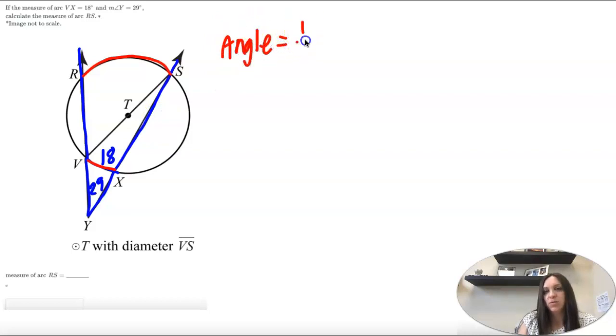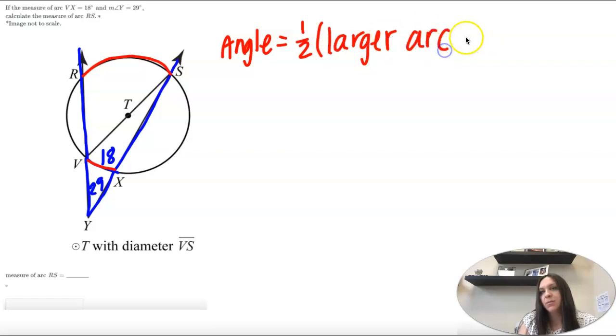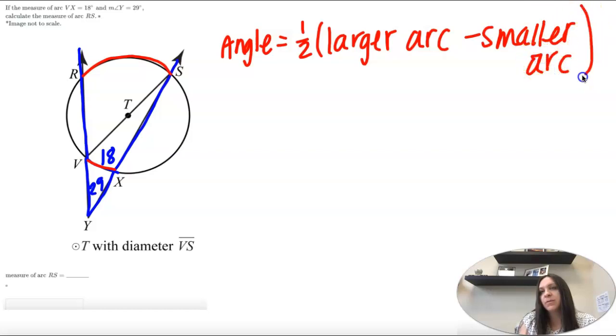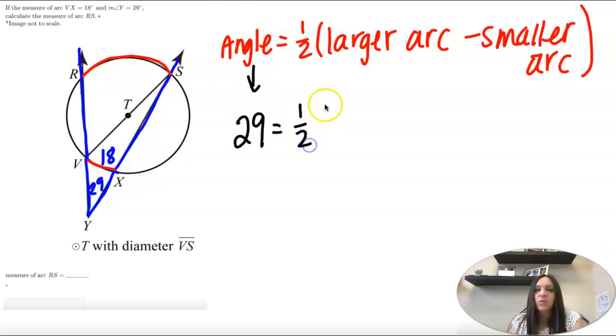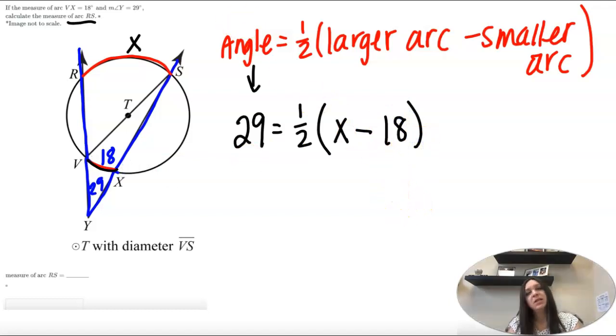The angle is 1/2, and then we take the larger arc minus the smaller arc. But now it's a little different. We know the angle. The angle's 29 degrees. We're trying to find the larger arc. That's what it's asking for. So that's our x. We don't know it. Minus the smaller arc is 18 degrees. So this one requires some solving. Okay, it's not as easy as the last one.